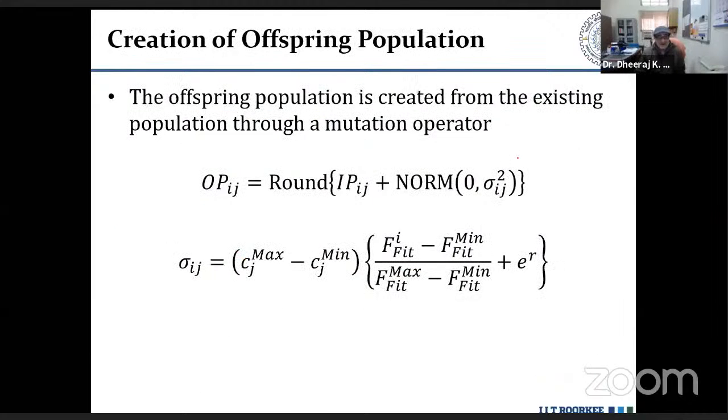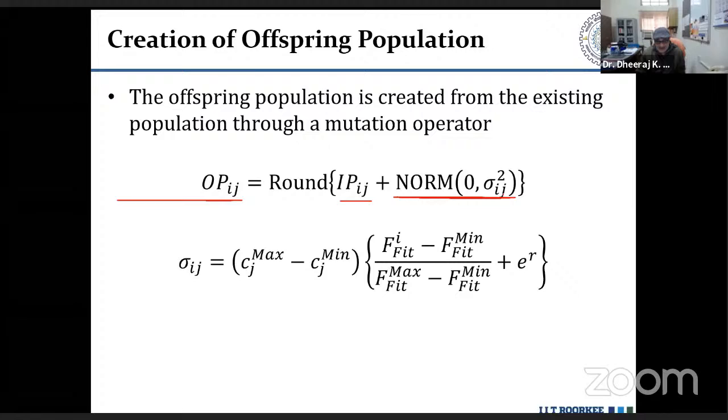Now after that, we have to create offspring. So offspring is created from existing population by using a mutation operator. That is basically initial population plus a normally distributed noise we are adding. And we are rounding so that offspring population is also having integer values.